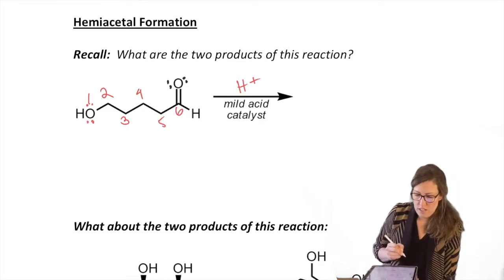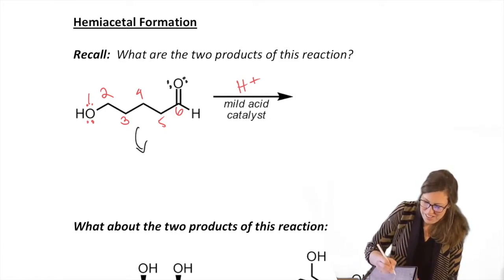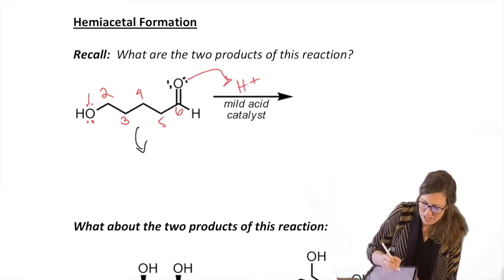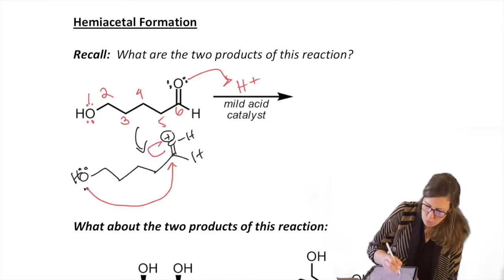Okay. I keep saying I'm not going to draw it, but I can't resist. I'm going to draw it. So let's do it. I think it just helps. So protonate. Now it's activated. Attack. Open.